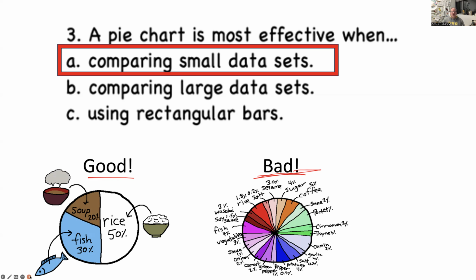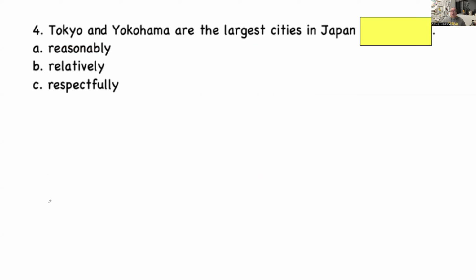Okay, great. Number four, Tokyo and Yokohama are the largest cities in Japan, reasonably, relatively, or respectively. Five seconds, stop the video. Okay, the answer is respectively, okay, in order. For example, my office is in room 309.